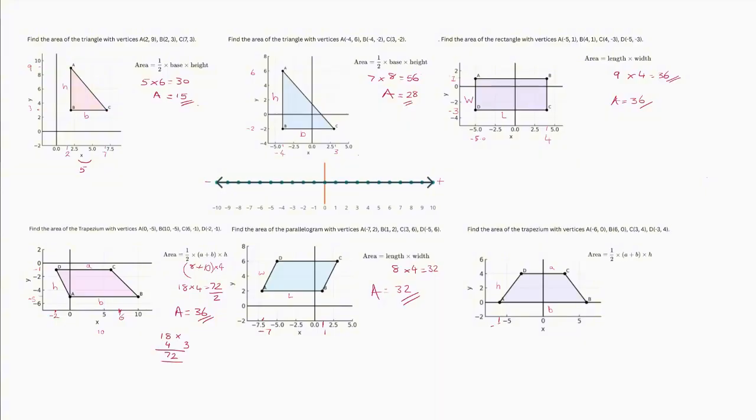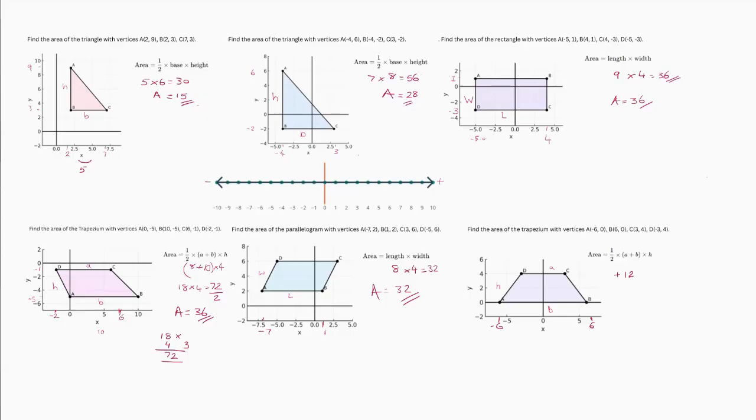Yeah, because we're going down. And B is also 6. So -6 to 6 gives us a +12. That's our B. Sorry, gone backwards, but it doesn't matter, like I said before.